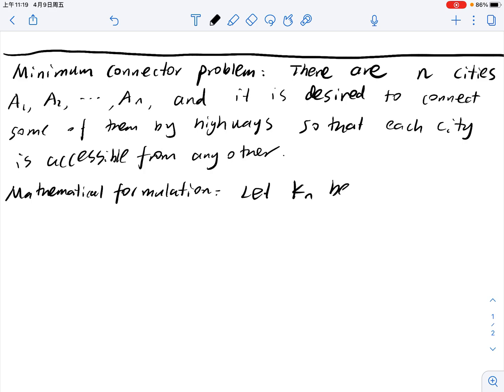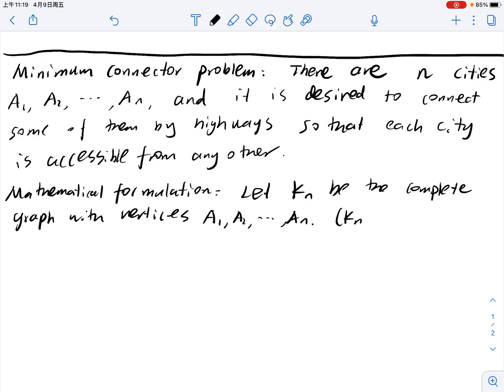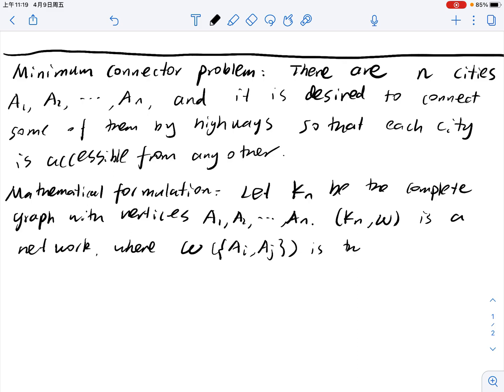Let Kn be the complete graph with vertices A1, A2, ..., An, and (Kn, omega) is a network where omega(Ai Aj) is the cost to construct a highway between Ai and Aj.